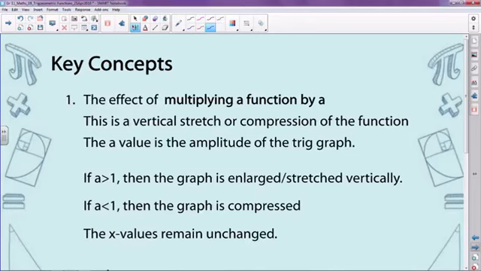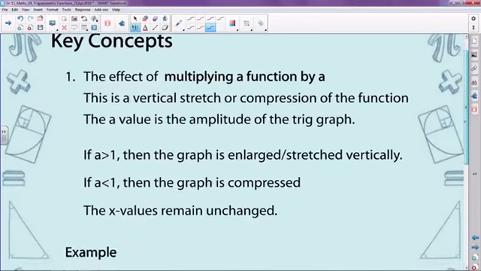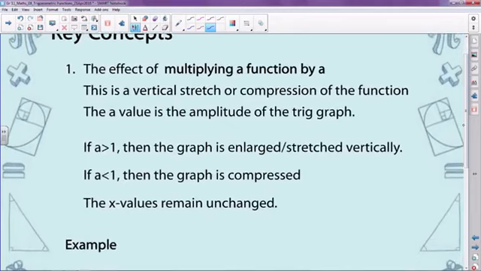Now if we look at our key concepts here. The effect of multiplying a function by a is a vertical stretch or compression of the function. The a value is the amplitude of your trig graph.